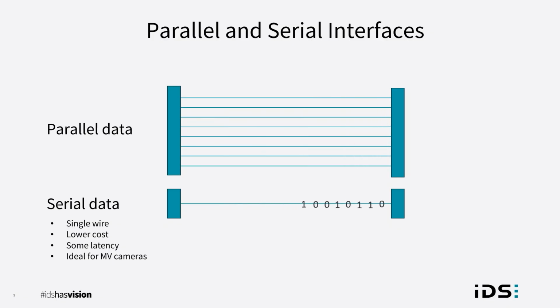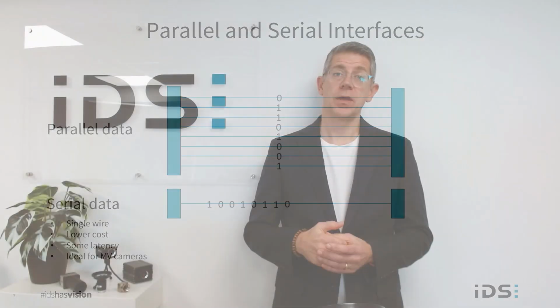This has the advantage that the cabling is simpler and cheaper, and although there is an inherent latency because we can only send one bit at a time, it is rarely an issue, and any devices that use serial communication will do so because it is well proven that this data transmission method is perfectly adequate. UART and I2C being serial interfaces also means that it is viable to use these interfaces on compact industrial cameras.